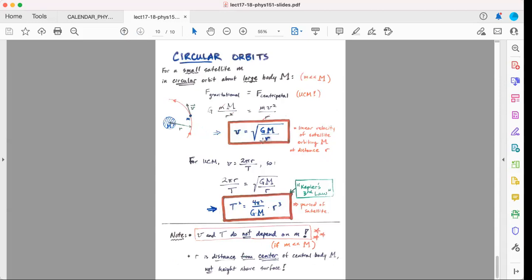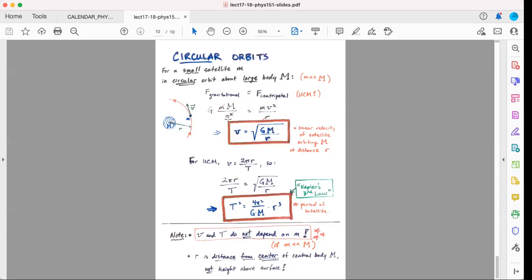Thanks. Then we saw circular orbits. For a small satellite m in circular orbit about a large body, which we call capital M, the gravitational force is equal to the centripetal force. So we have G M m divided by R squared equals our centripetal force, which we saw a couple of lectures ago, lecture 16, m v squared divided by r.